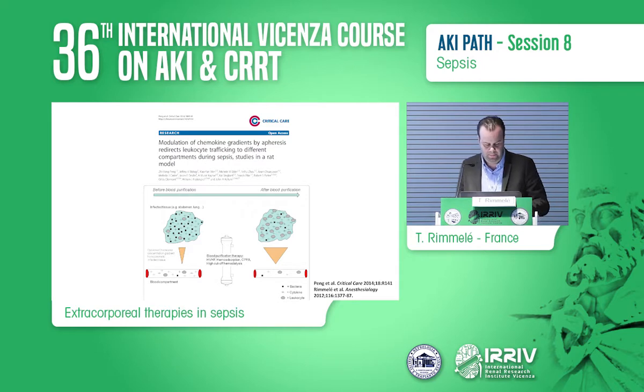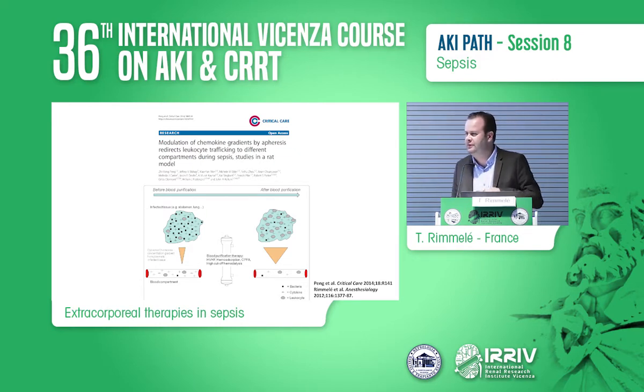And when I'm trying to explain this one here, you have the circulation here and the tissue. Let's say it's lung. So you have pneumonia, and you have three players: cytokines, bacteria, and leukocytes. So if you run the blood through a blood purification device, whatever the one you choose, then you will be able to increase the gradient of cytokines between the circulation and the tissue.